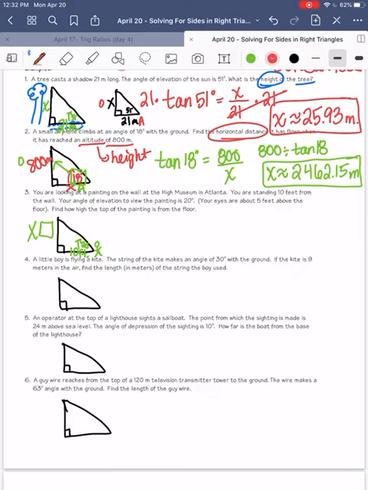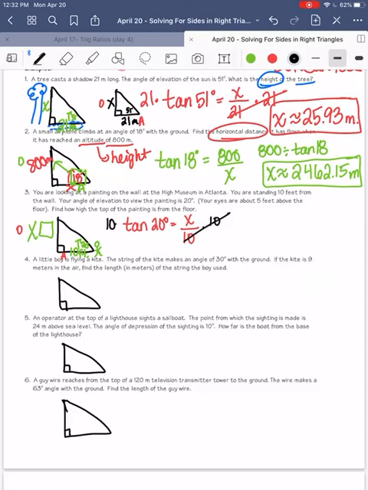Okay? So this is O and this is A. Again, that's tangent one more time. So tangent of 20 degrees equals O over A. So we're going to times by 10 on both sides.